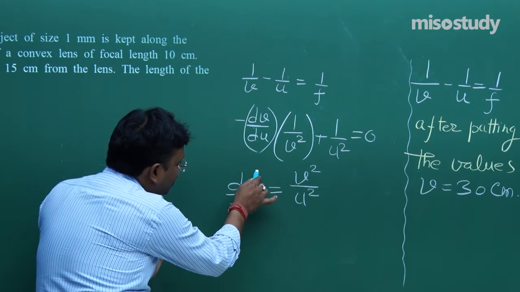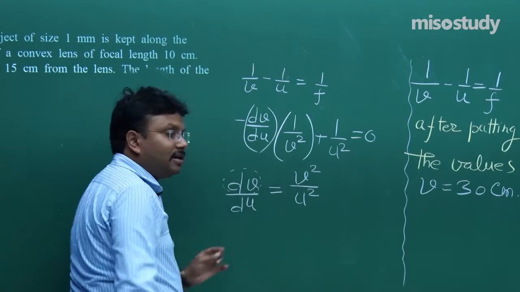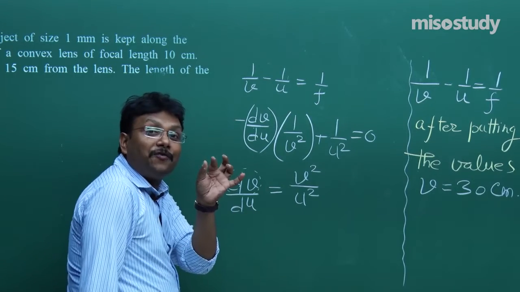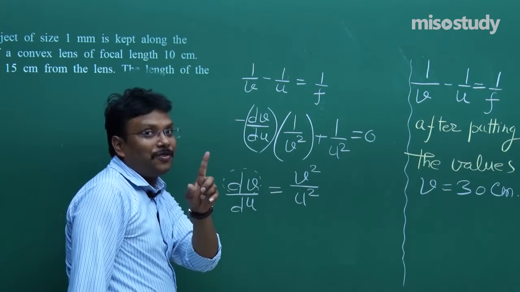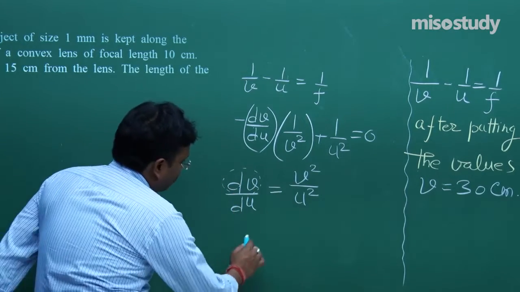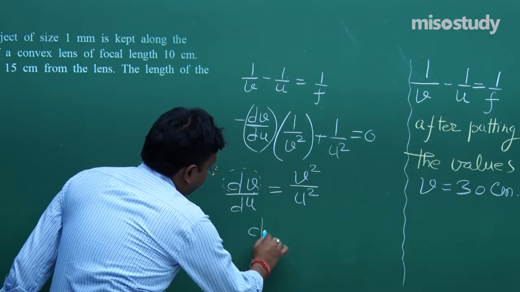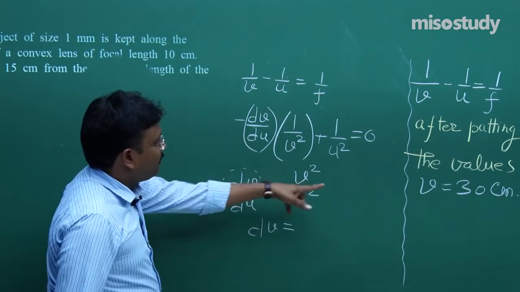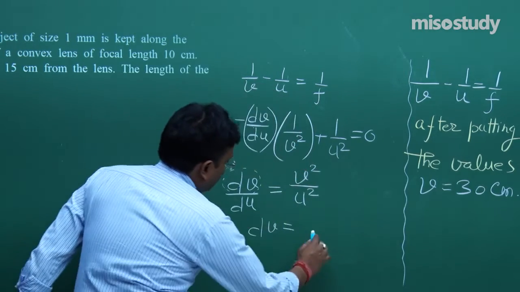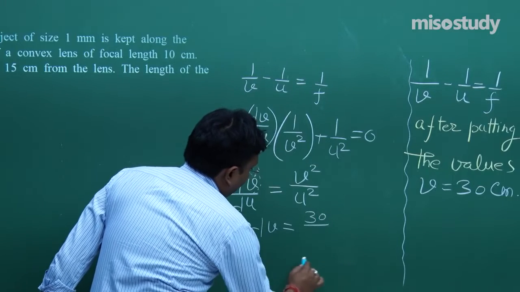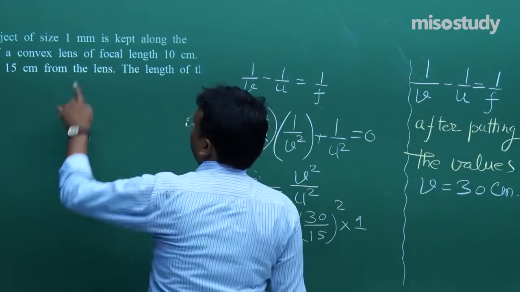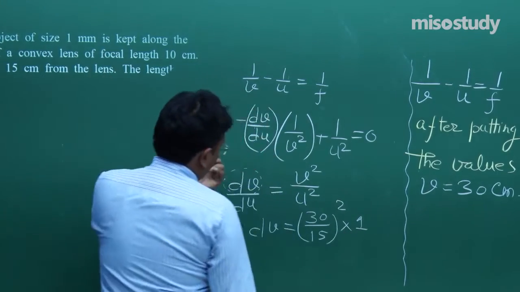From here, this dV is the length of the image and dU is the length of the object, not the position of the object. So these two new terms, I hope you learned them. So dV is equal to V value 30, U value 15, so 30 upon 15 whole square into 1, because 1 mm is the length of the object.